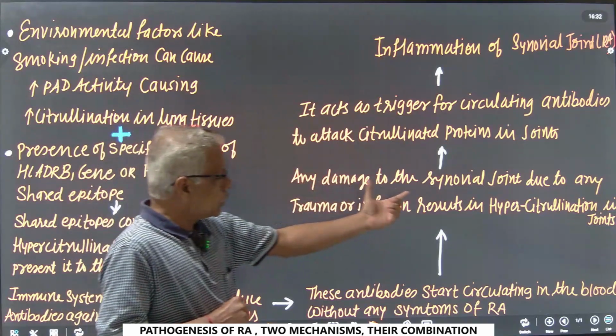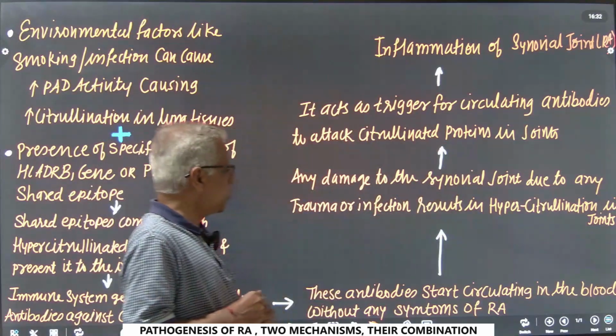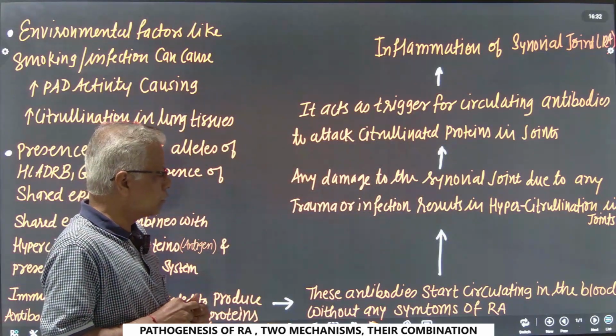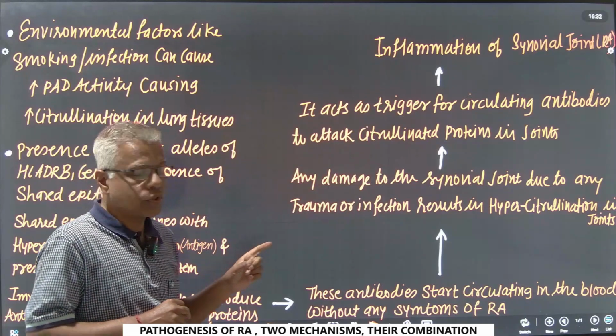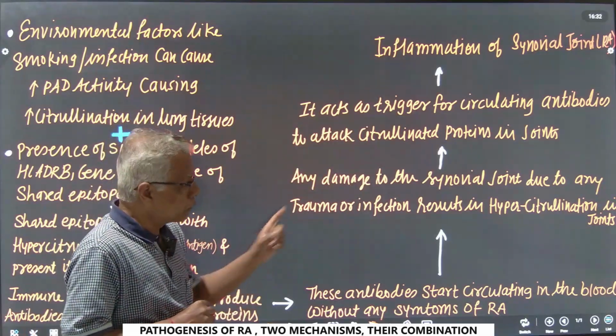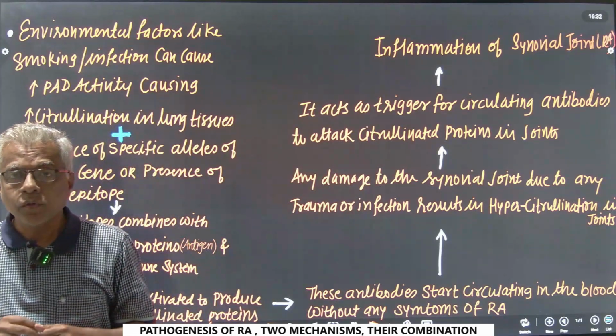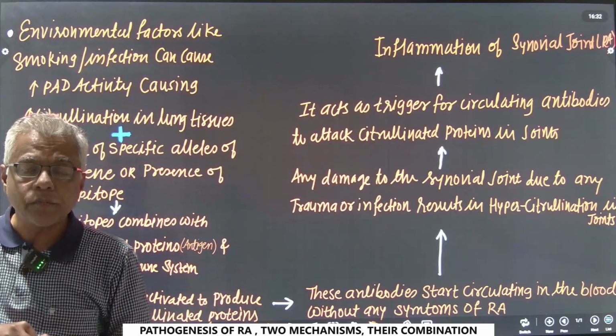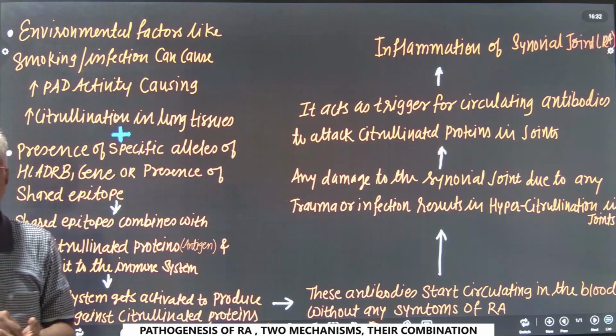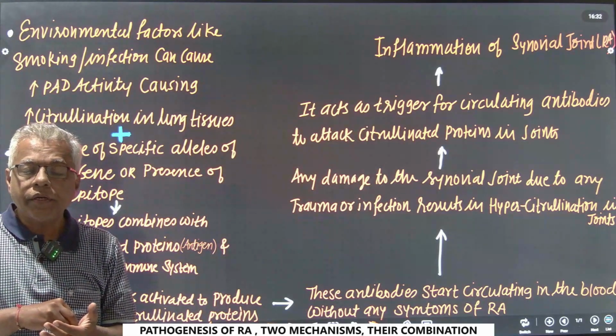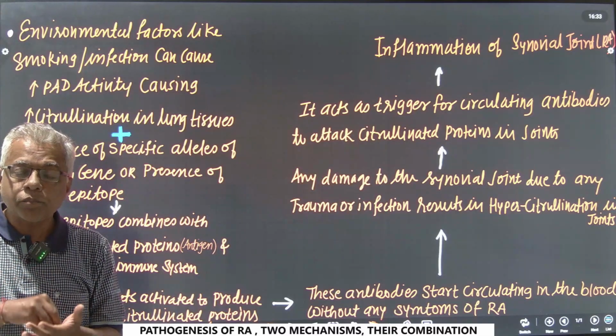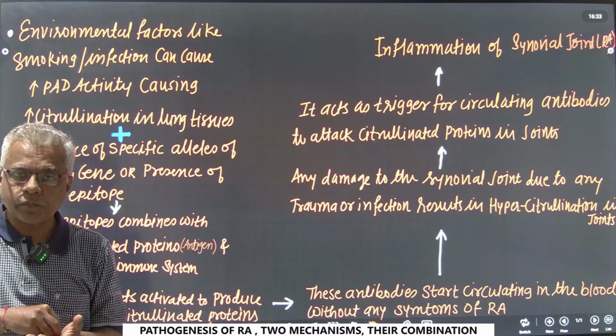Any damage to the synovial joint due to trauma or infection results in hypercitrullination in the joint. For these antibodies to attack the joint, it requires hypercitrullination in the joint, isn't it?